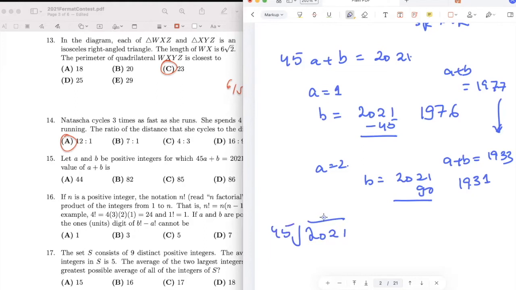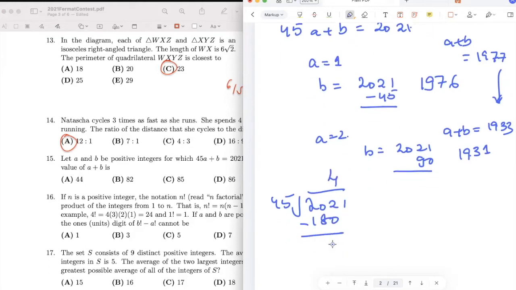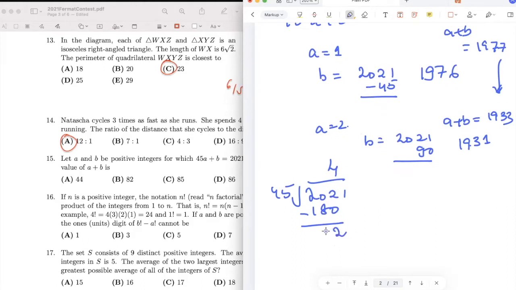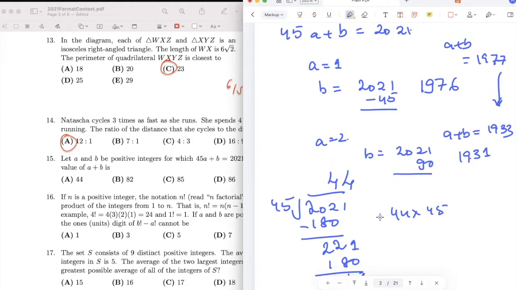45 into 202, 4, 180. Yeah, so 45 into 4, right? 180. So this becomes 2 and 2, 2, 2, 1, right? And 45, yeah, so again 4, because I get 181. So 44 into 45, so my A should be 44, right?